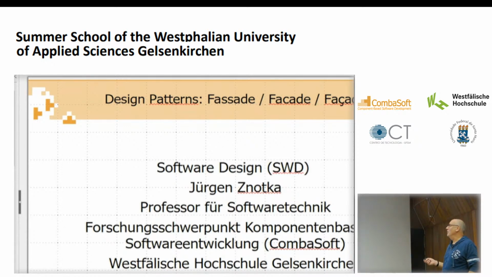If you have a facade, maybe you can change the subsystem without telling the people that they have to change something, because you change the facade and they don't see that something has changed. You hide the complexity of your systems behind the facade. That's the idea behind it.